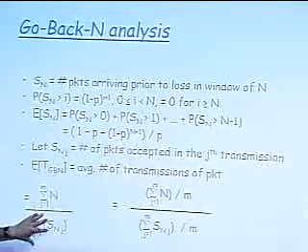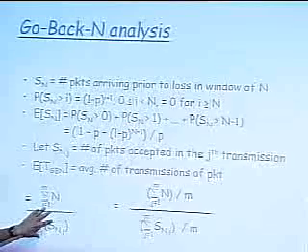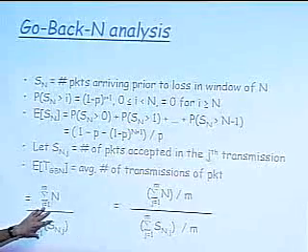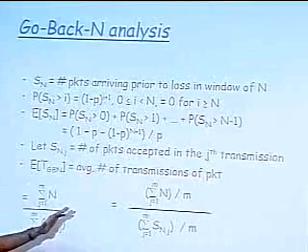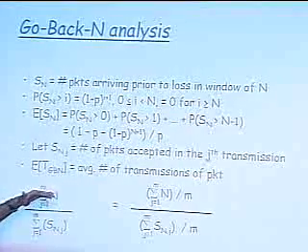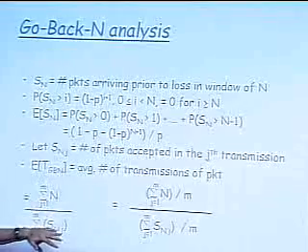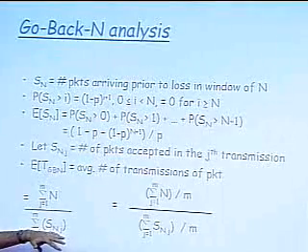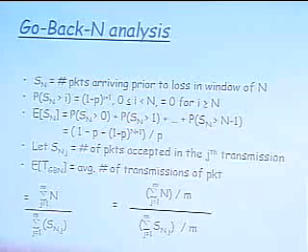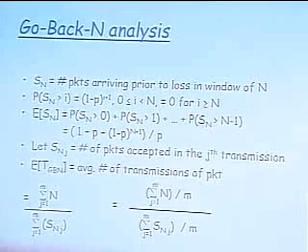If these two quantities were exactly equal, that means there has been no retransmission. Everything you transmitted got delivered successfully. But in practice, the numerator is going to be higher than the denominator. And this ratio gives you an indication of the number of retransmissions.